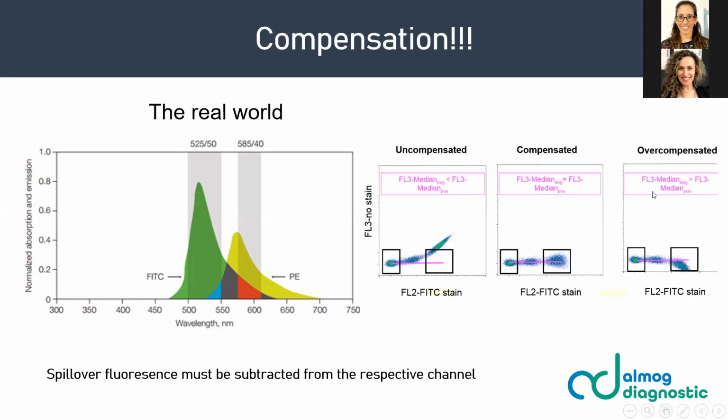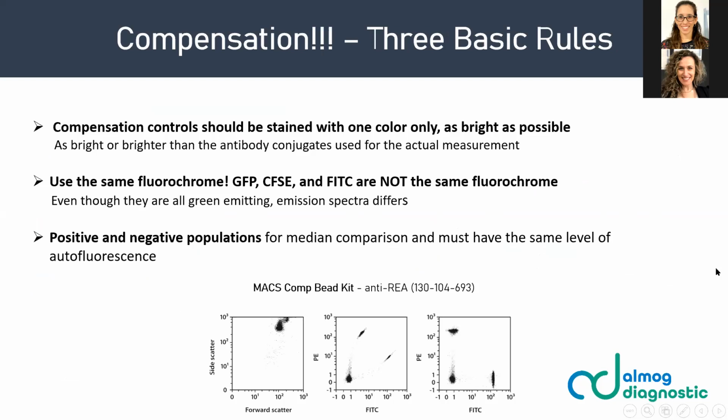So we also have this scenario of overcompensation. I do want to tell you that in case you are using automated compensation, most of the times you get very good data, and you do not need to touch or fix anything. You do not see these scenarios of overcompensation or uncompensated data. So there are 3 basic rules that need to be addressed.